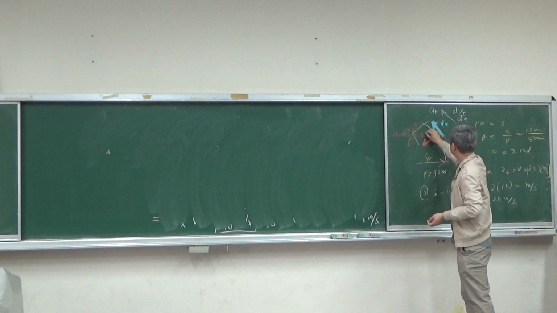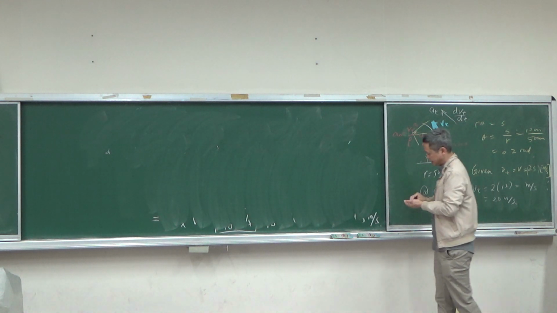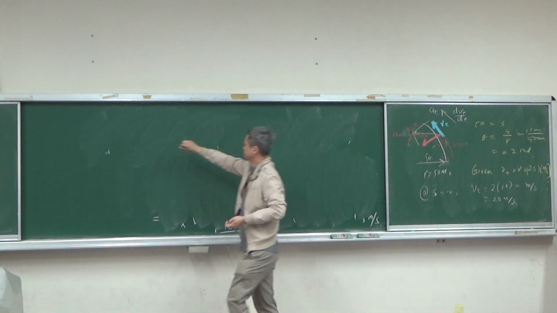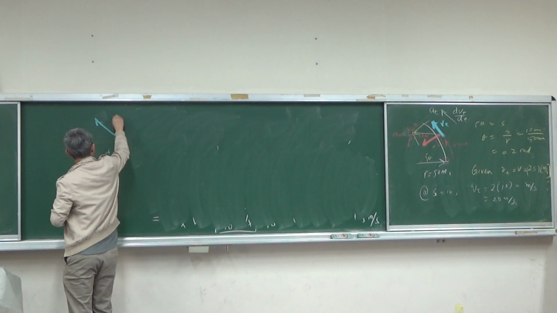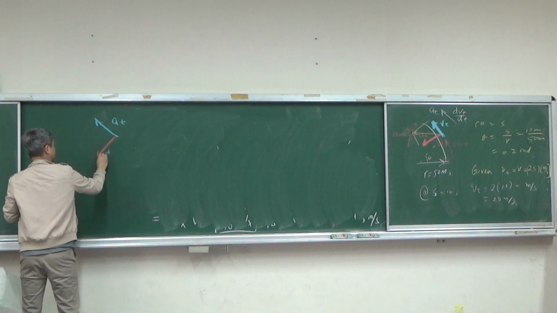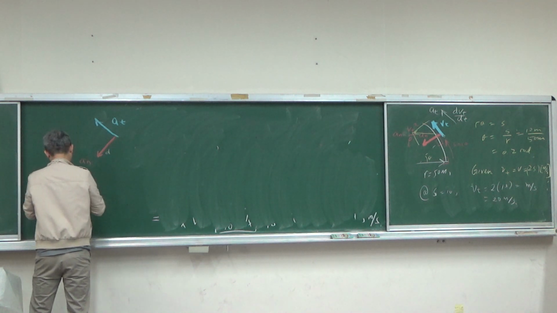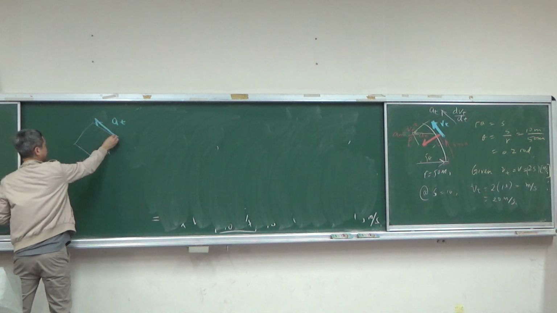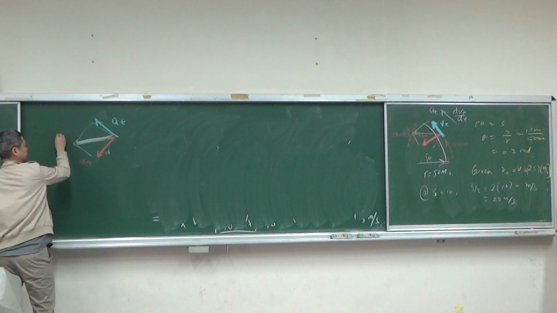The total acceleration is the vector sum of the two. So this is your tangential acceleration. This is your normal acceleration. The vector sum will give you this.